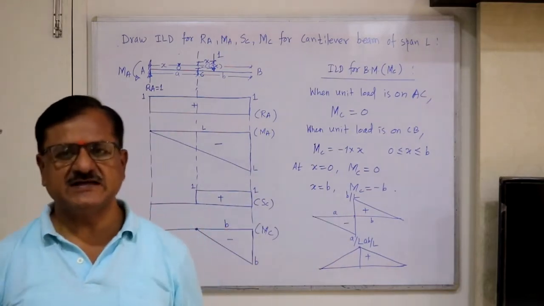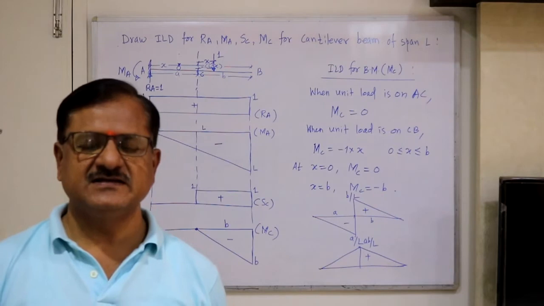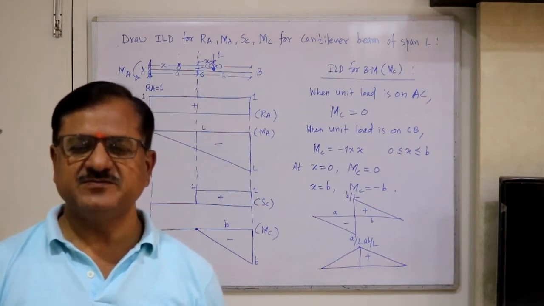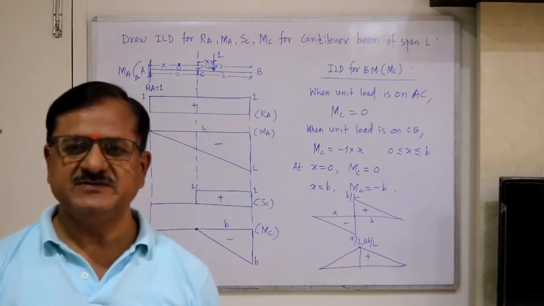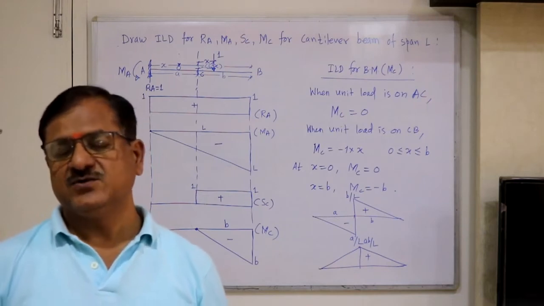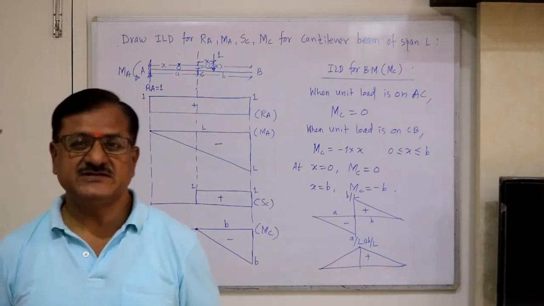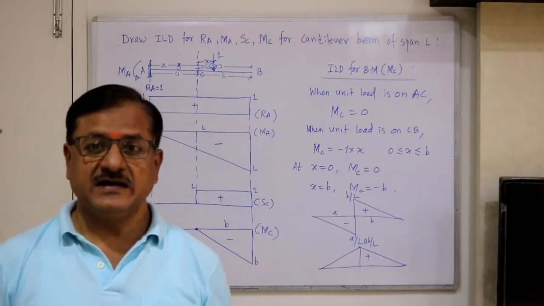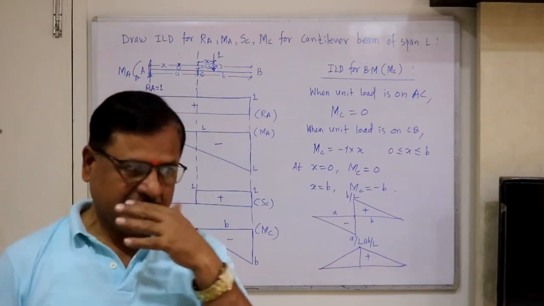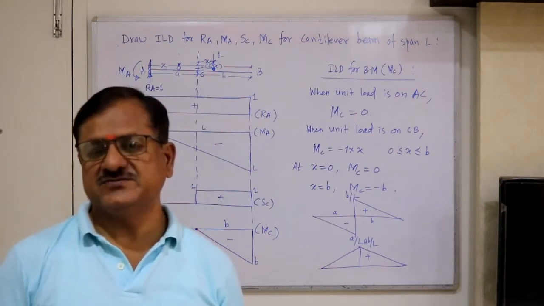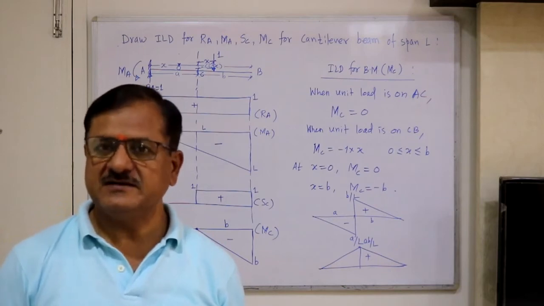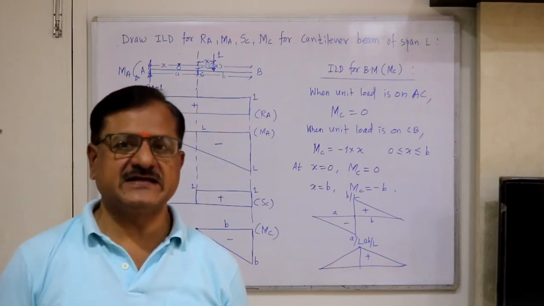Why am I showing these shapes? Just keep these observations for ILDs for simply supported beam and cantilever beam. This will help us while plotting ILDs directly by using the Muller-Breslau principle later on, because once you are introduced to the Muller-Breslau principle, we are not going to do any calculations.